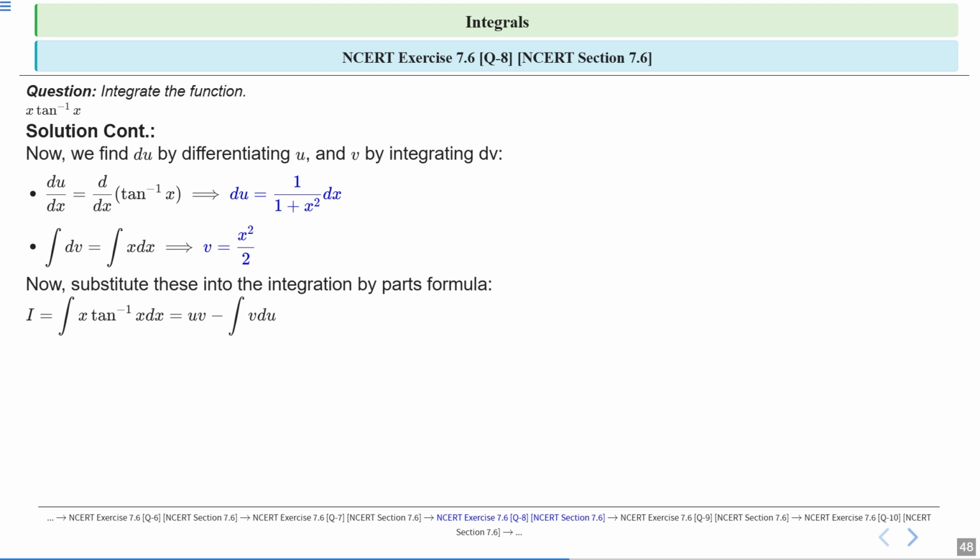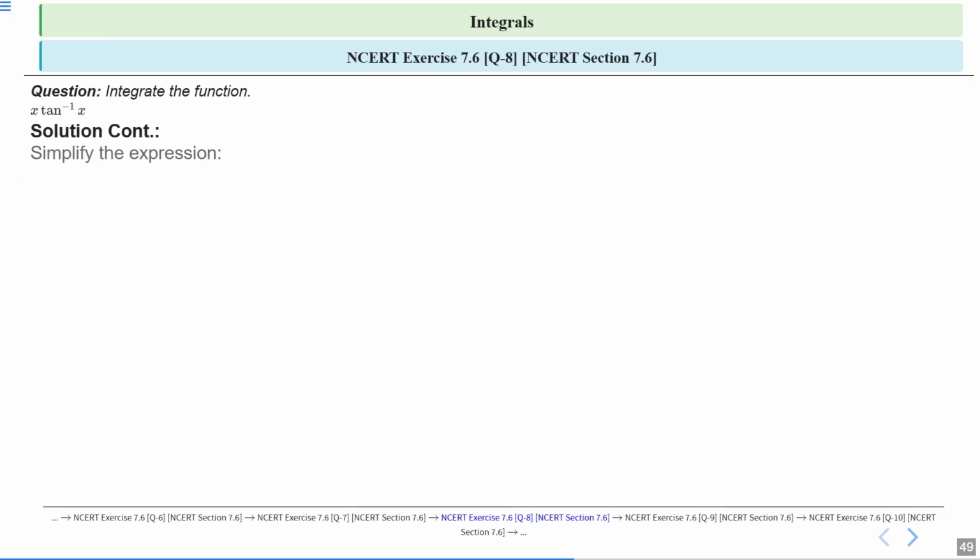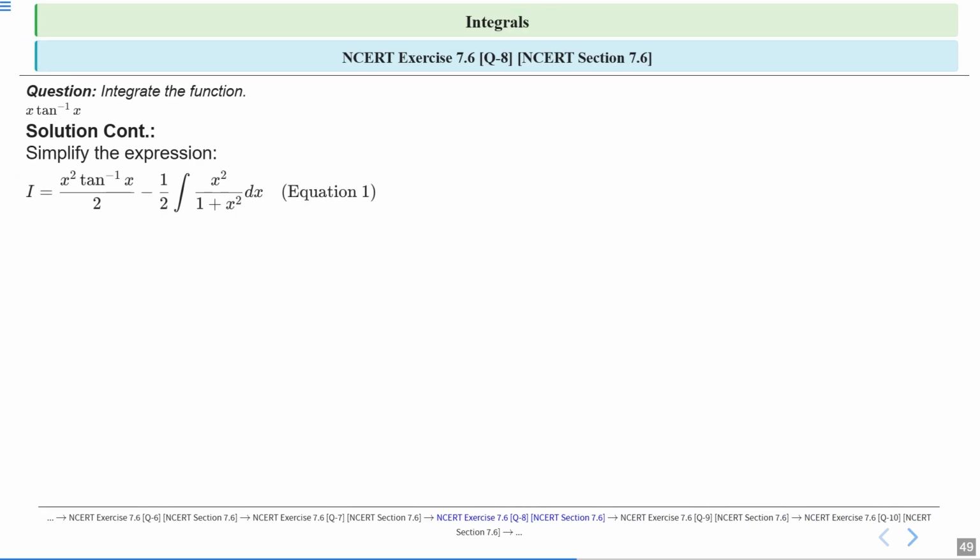We get integration of x tan inverse x dx, that is uv minus integration of v du. So tan inverse x into x square by 2 minus integration of x square by 2 into 1 by 1 plus x square dx. Simplifying, we get x square tan inverse x by 2 minus 1 by 2 integration of x square by 1 plus x square dx.